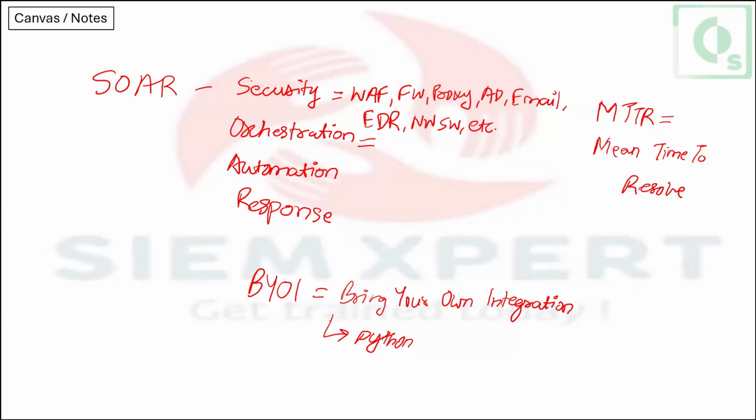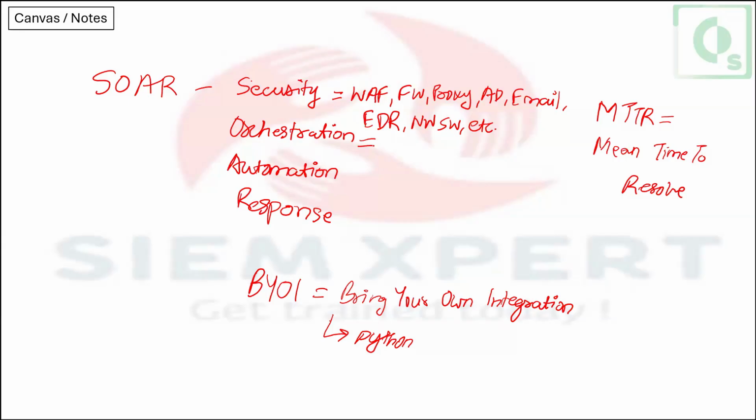When I say orchestration, it is where you would be able to define, let's say I have integrated my email solution, which is Office 365. In Office 365, all the logs have a field called type. What is my email type? The SOAR solution should not be bombarded with all the types. As I mentioned, mean time to resolution should be the least, and it would be for incidents with severity critical and high.